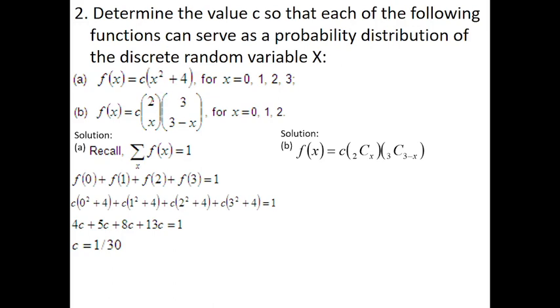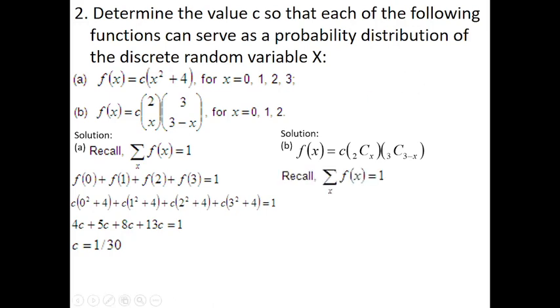So we have the combination of 2 taken x at a time, times the combination of 3 taken 3 minus x at a time. So we have 2Cx times 3C(3 minus x). This is the interpretation: if I have n and r, that is simply nCr.